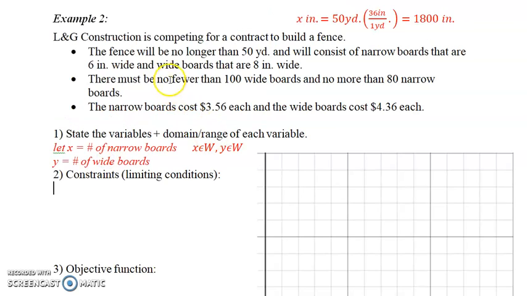Let's look at the constraints. It says that there's no fewer than 100 wide boards, so we need at least 100 wide boards. Y is greater than or equal to 100.